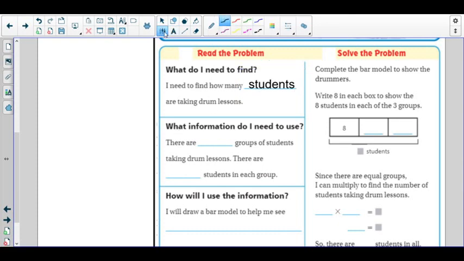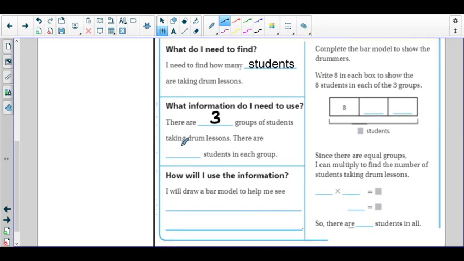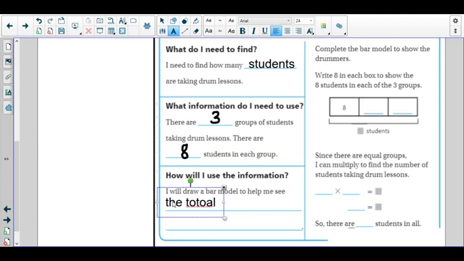There are 3 groups of students taking drum lessons, and there are 8 students in each group. So how will I use information? I will draw a bar model to help me see the total number of students.